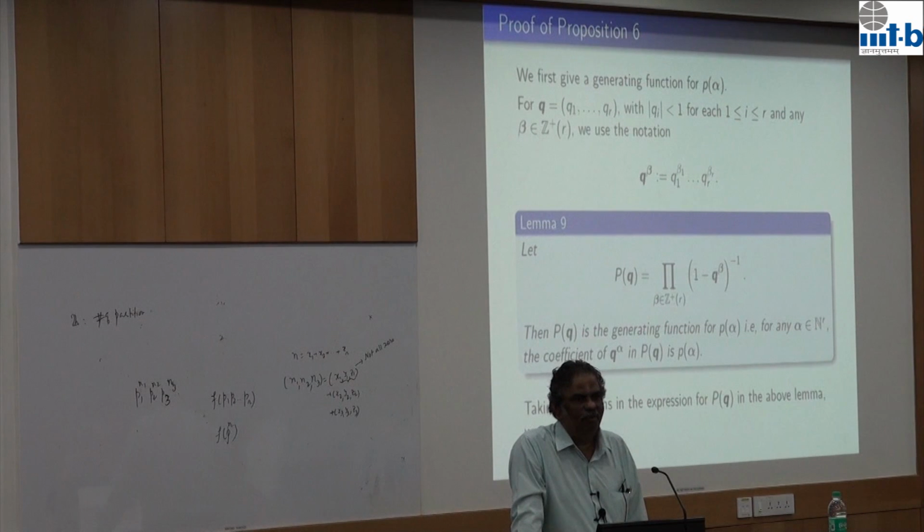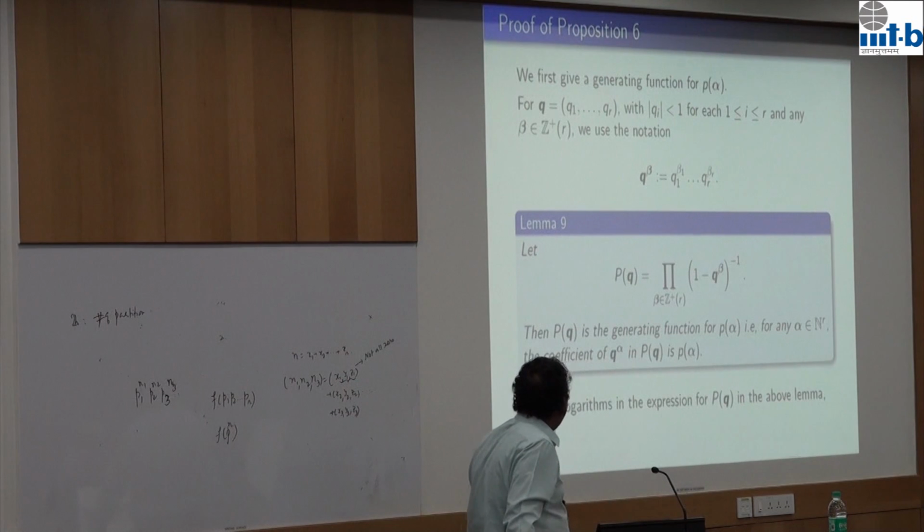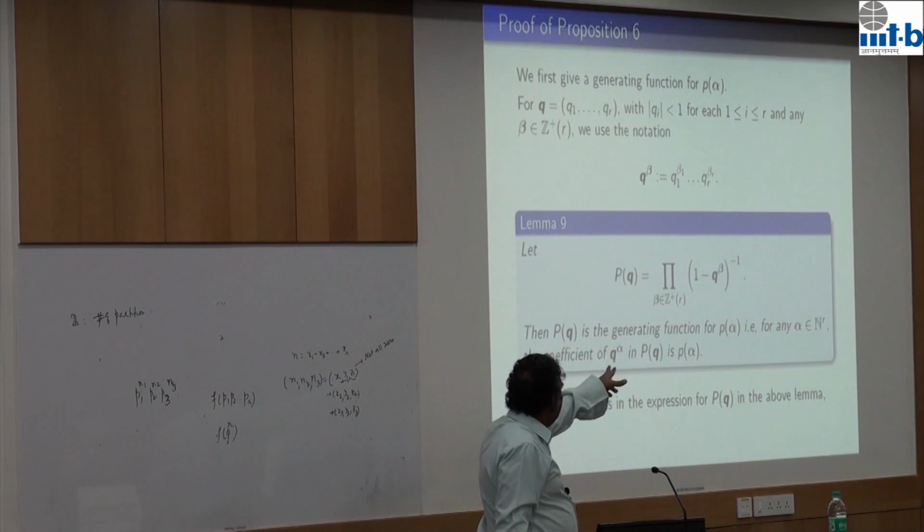The question, how many ways p1 power n1, p2 power n2, p3 power n3 can be factorized, is the same as in how many ways n1, n2, n3 can be written as an additive partition with not all coefficients 0.